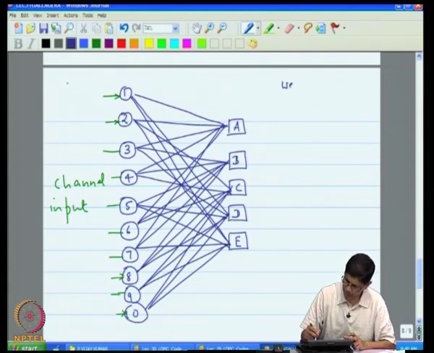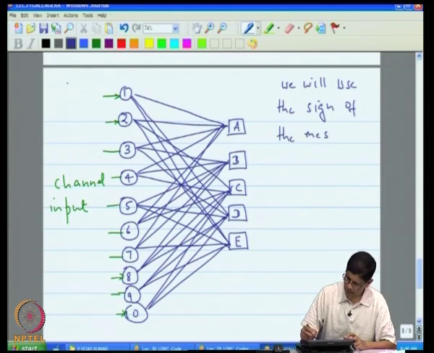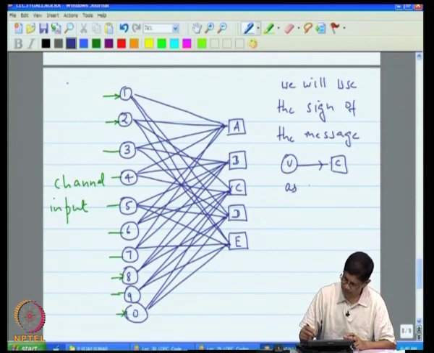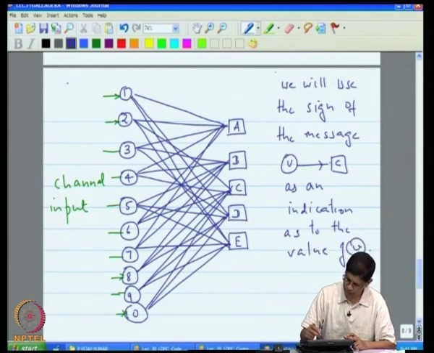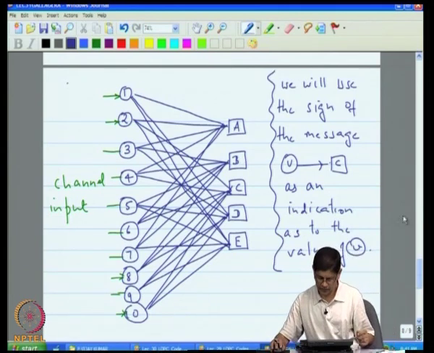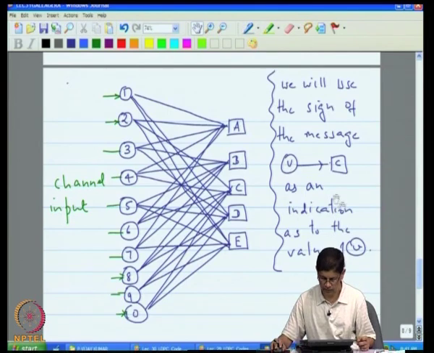We will use the sign of the message going from, say, variable node to check node as an indication as to the value of V. The value of the corresponding code symbol is what we are trying to decode.